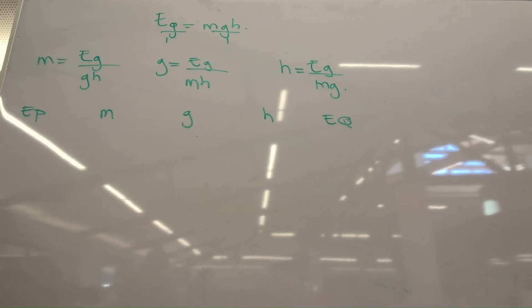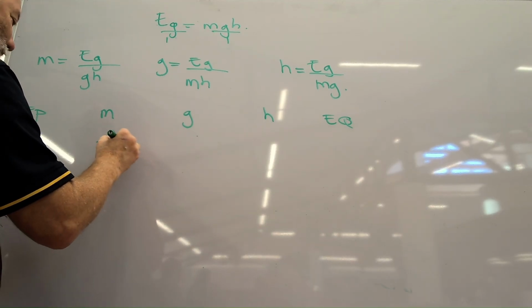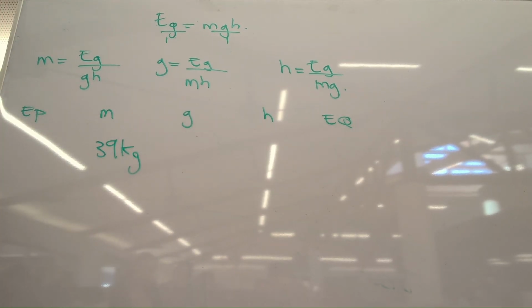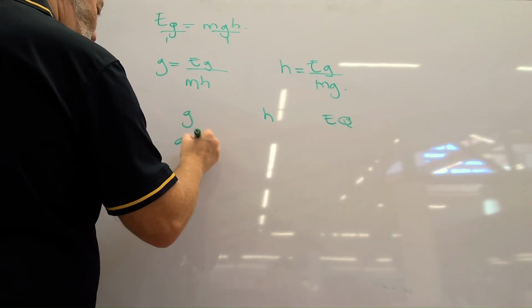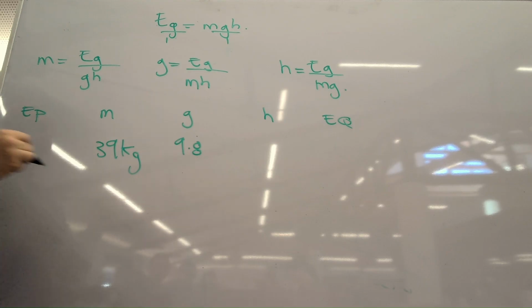Does anyone have a pet llama? Olivia's got a pet llama. Olivia's pet llama has a mass of 39 kilograms. What is gravity on Earth always? Well done, 9.8. Is there any units on 9.8? Well done, m s minus 2.